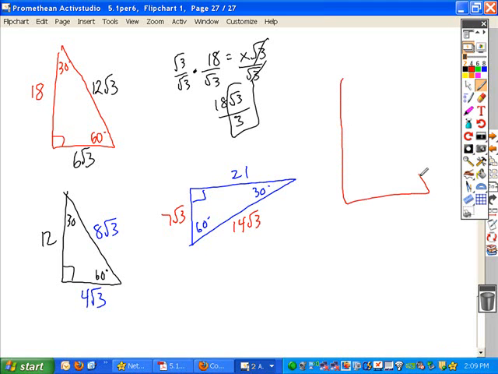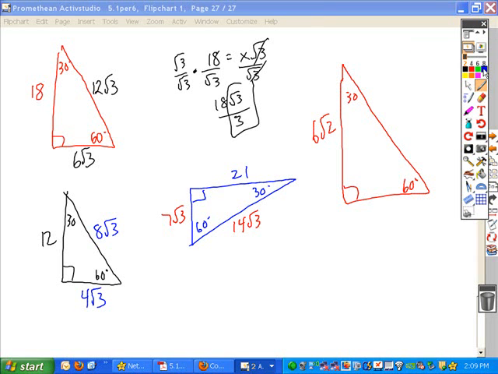The most challenging or difficult application of this would be something where I would give you a number like this. So here it doesn't fit the pattern and it has a radical in it, but the rule is still the same. Right? To find the side opposite 30 degrees, we're going to take this given length and do what to it?